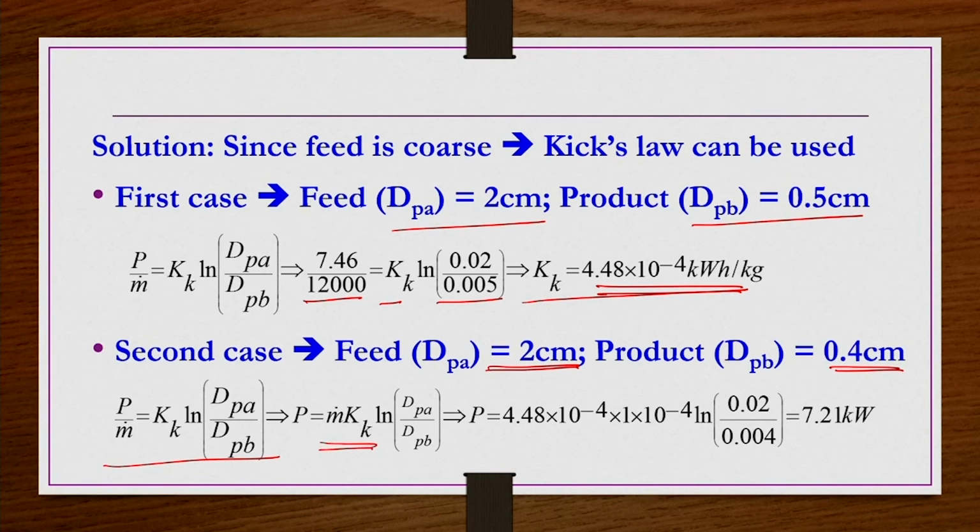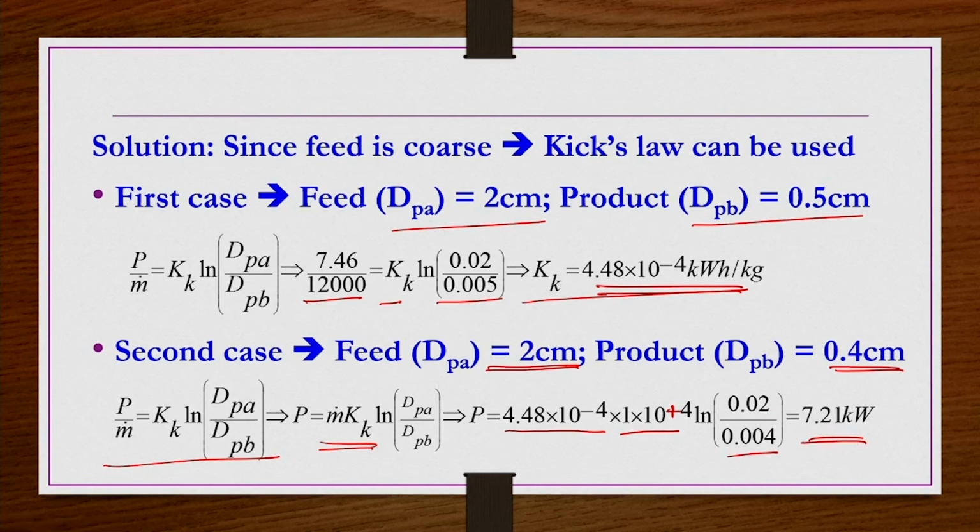So P equals Kk, which is 4.48 into 10 power minus 4 as just seen, times m dot, which in the second case is 1 into 10 power 4, times ln of dPa, 2 centimeters, over dPb, 0.4 centimeters. So the power requirement is going to be 7.21 kilowatts.